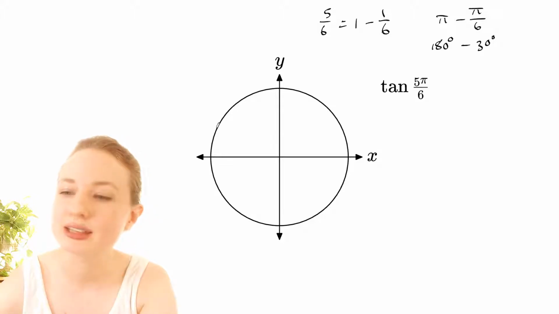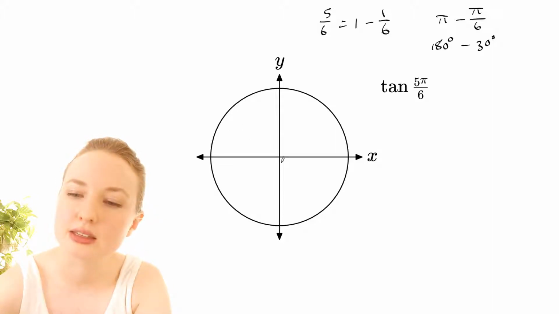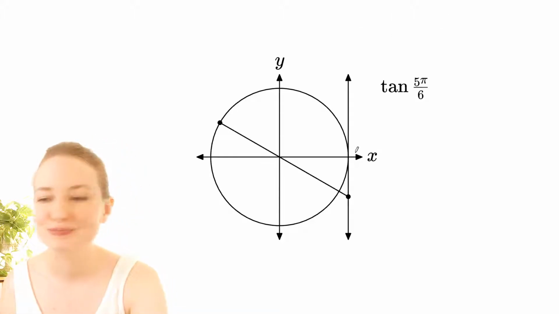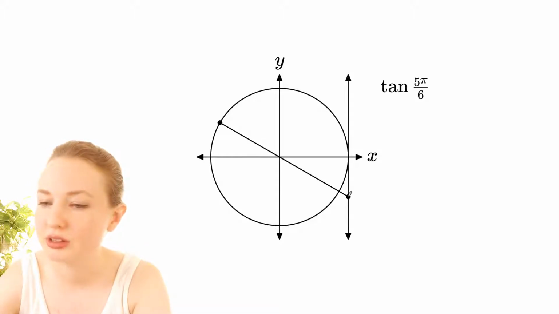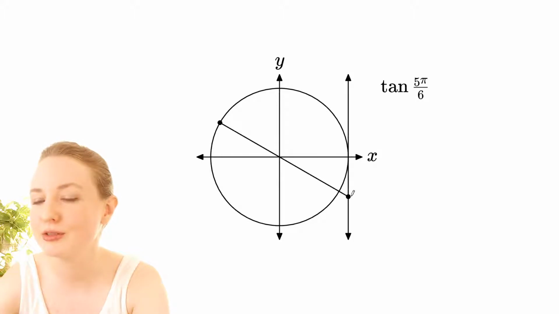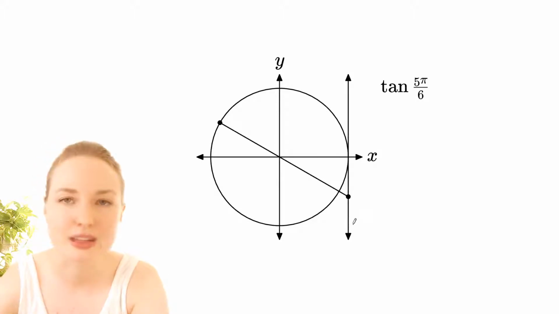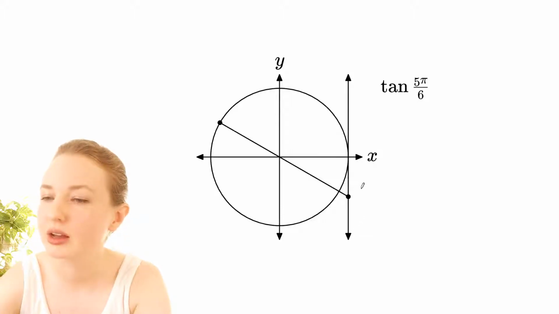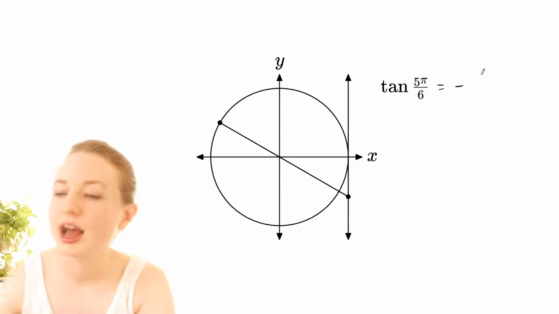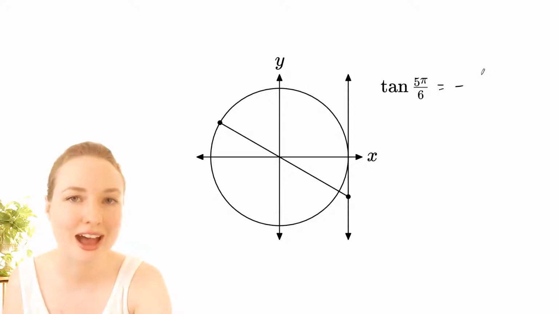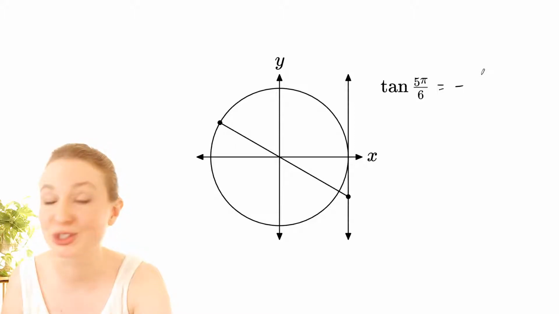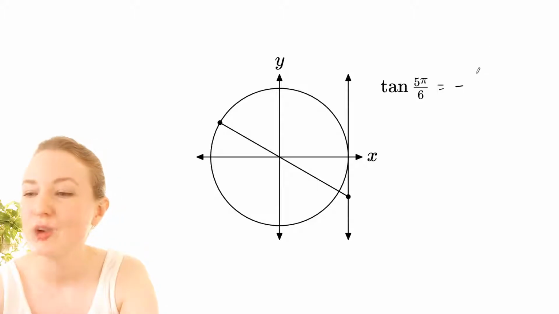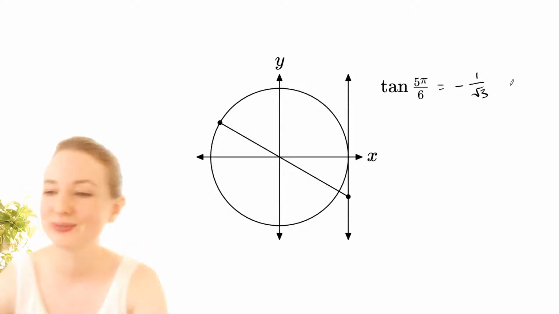And if we're interested in tan, then we want to extend that line until it hits this line, like that. So we're interested in the y-coordinate at this point. You can see that it's negative and that its magnitude is less than 1, like here's -1 down here. So it's going to be negative, and out of the three possible values for tan, it's the smallest one, the one that's less than 1, which is 1 on root 3.